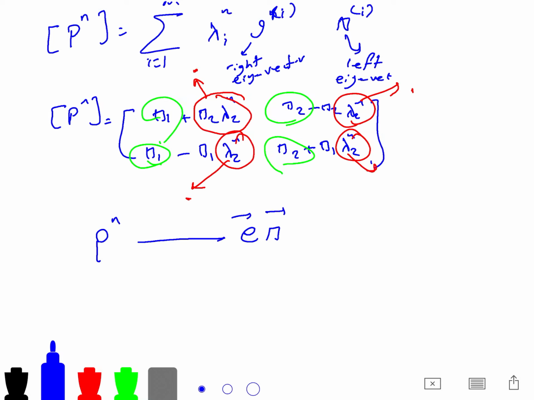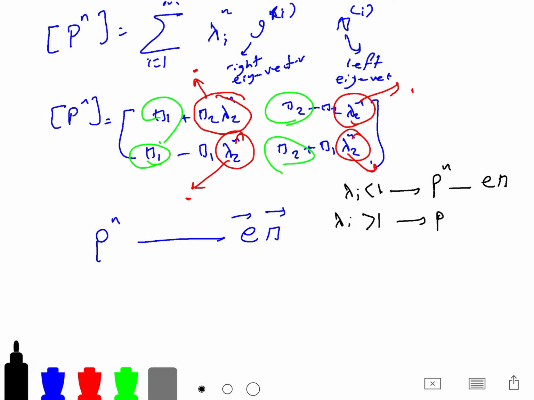What is interesting in this decomposition is that if lambda i is less than 1, P to the n converges to e pi. If lambda i is greater than 1, P to the n is exploding. If lambda i equals 1, you stay constant.